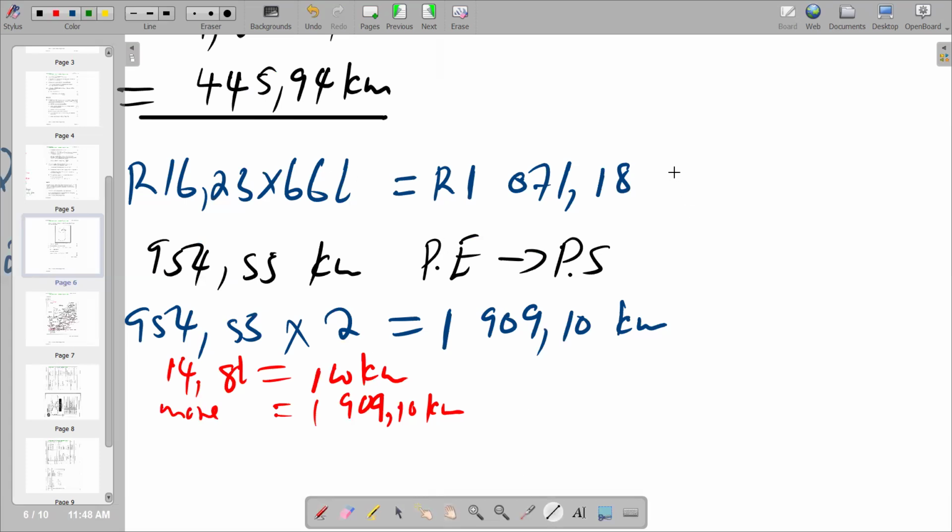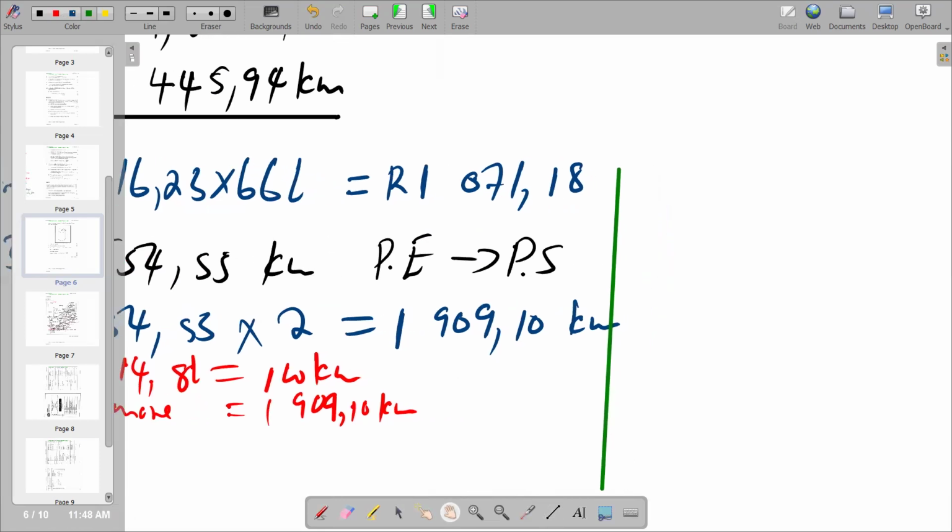On our calculation, we are going to indicate as such, whereby now we are going to say 1,909.10 over 100 times 14.8 to get the total number of liters.